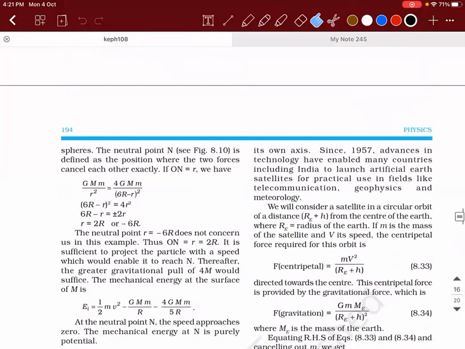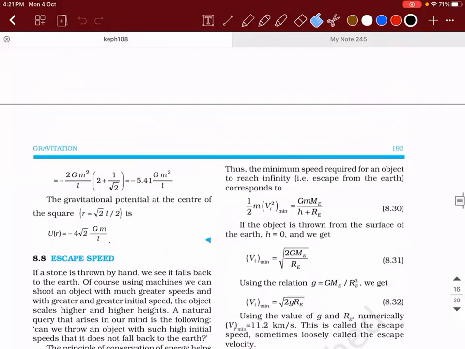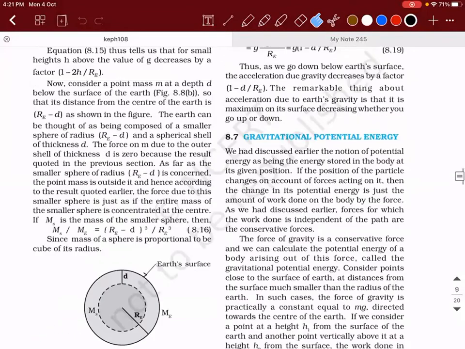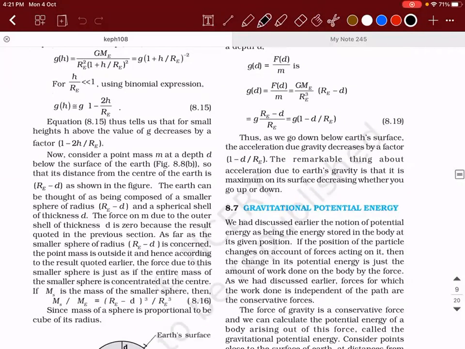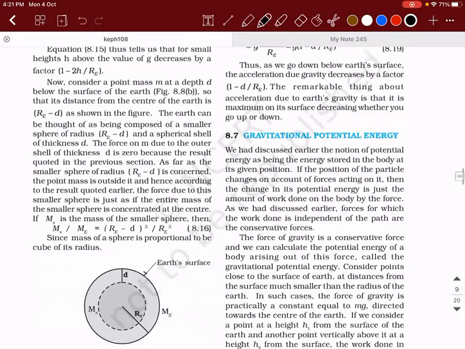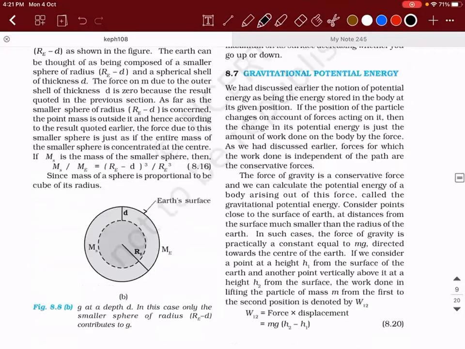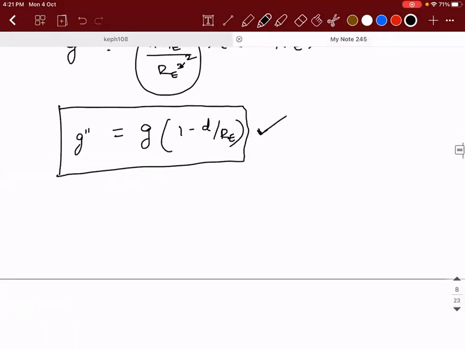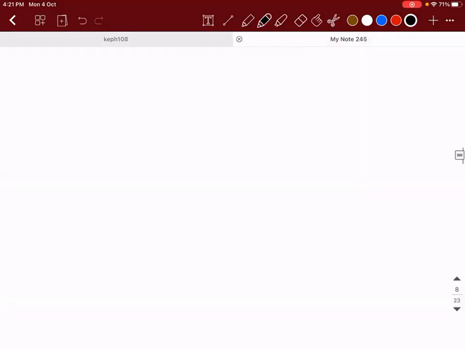Okay. Going forward, all are simple topics. So the one which I derived now is this part. The next concept that we are going to discuss is gravitational potential energy. You'll feel like you're reading all these things again. We have already learned this, right?